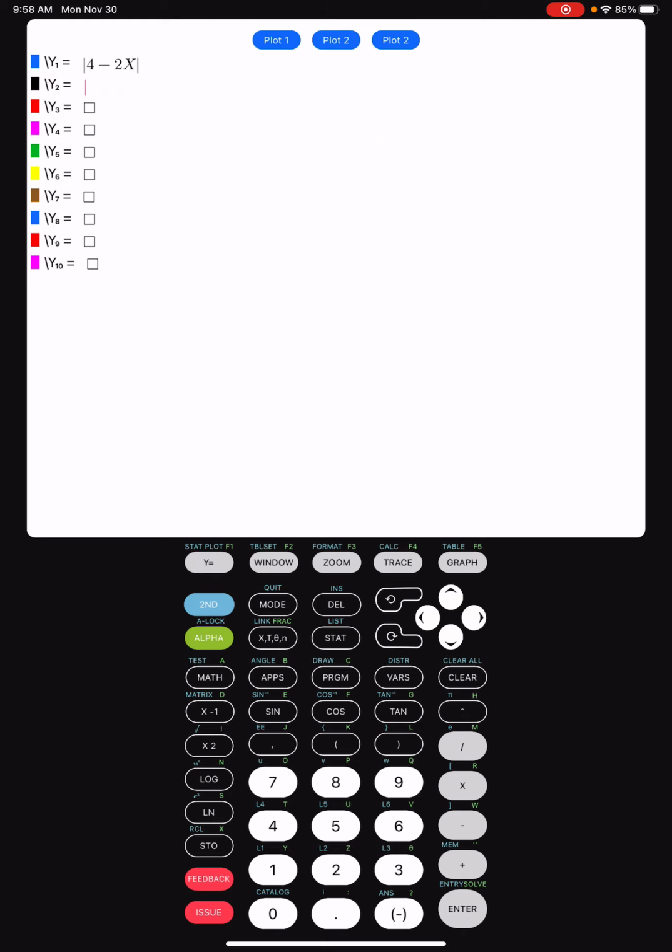So what I'm going to do instead, I'm going to go up here to y equals, and my function is 2 over pi, right? That's my value that I'm interested in. My function is sine of x. So I want to know when sine of x is equal to 2 over pi.